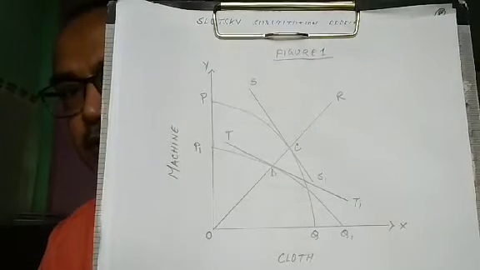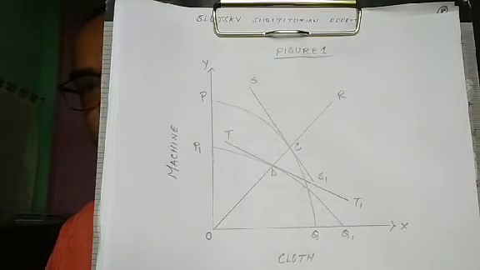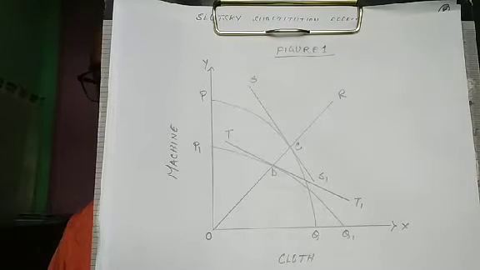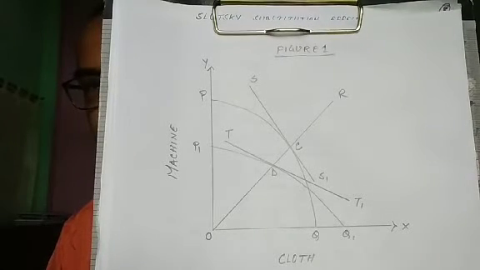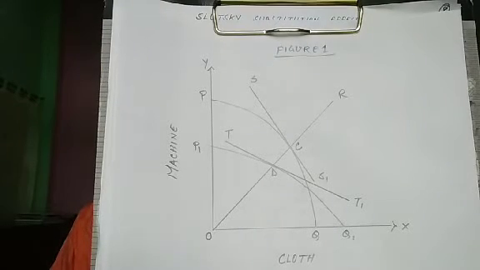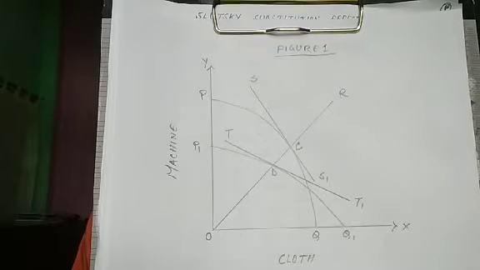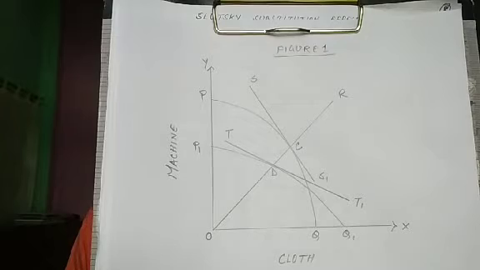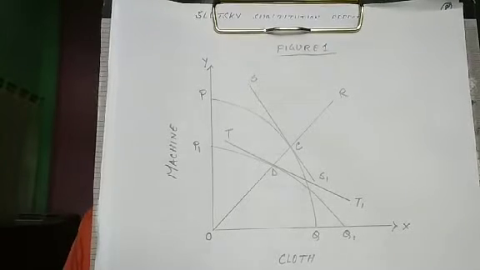So PQ is the production possibility curve of country A and P1Q1 is the production possibility curve of country B. And these two curves intersect OR at points C and D. So country A will produce at point C and country B will produce at point D. And both the countries will produce both the commodities, say machine and cloth.